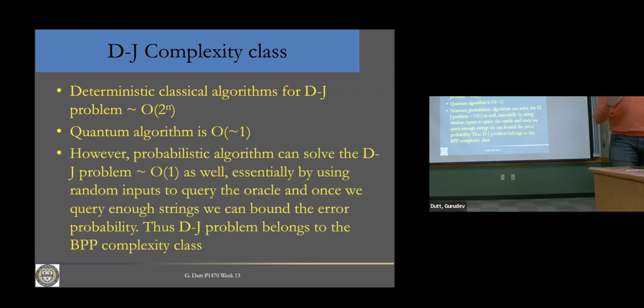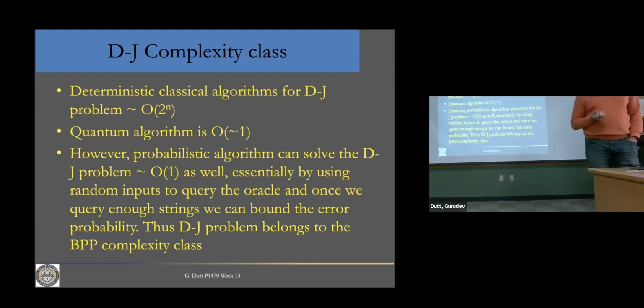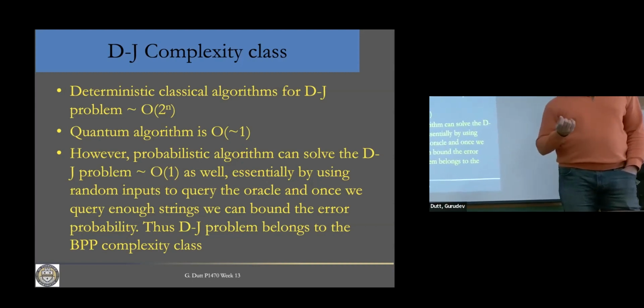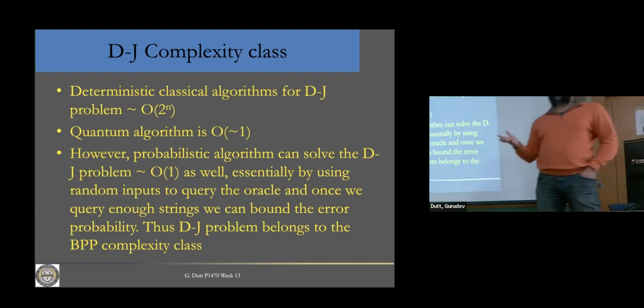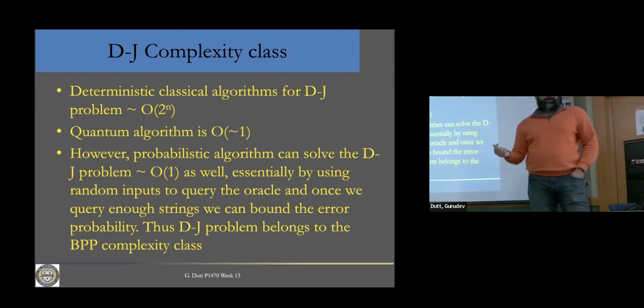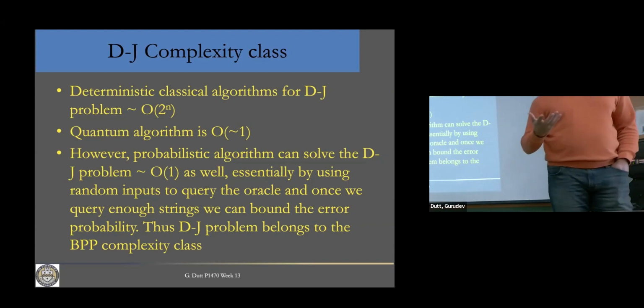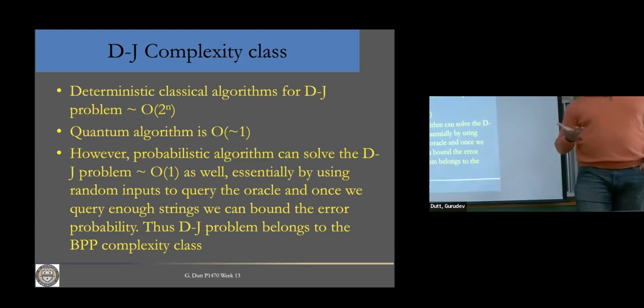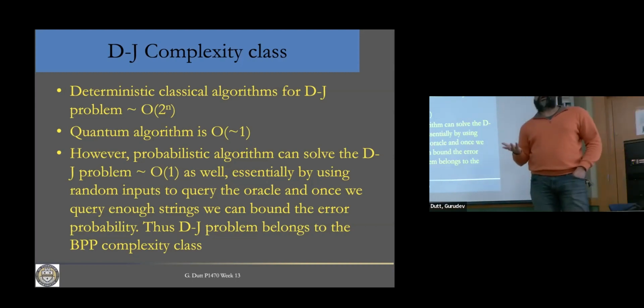But it turns out that using a probabilistic algorithm, we can solve the Deutsch-Jozsa problem also on the order of one query. The reason is, instead of querying the oracle one time each with a different input, I just query it with random inputs. Once we query enough strings, we can bound the error probability, but this number of strings doesn't have to be proportional to n.